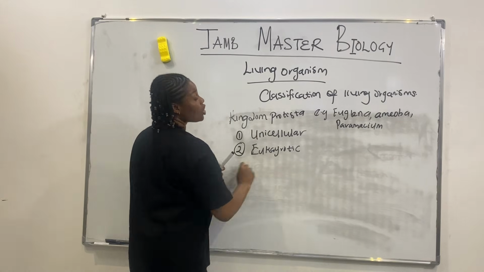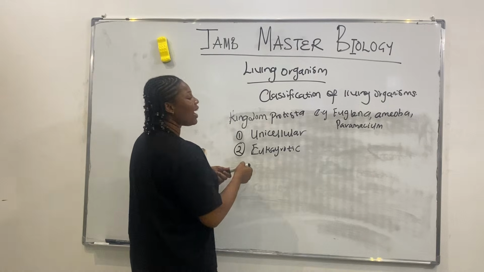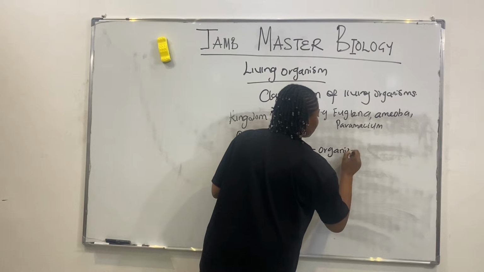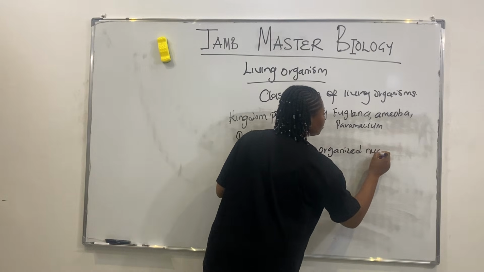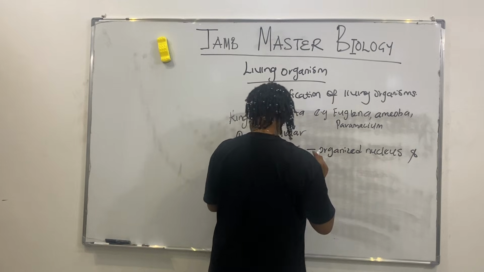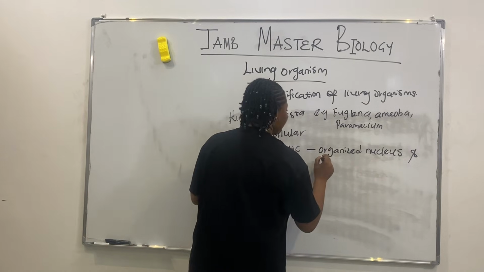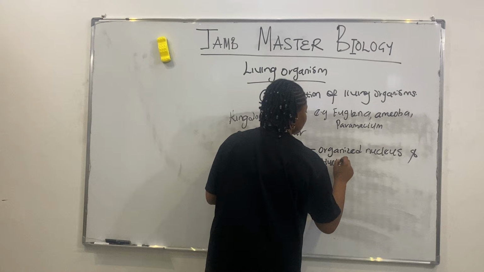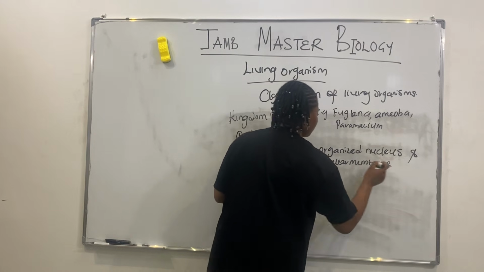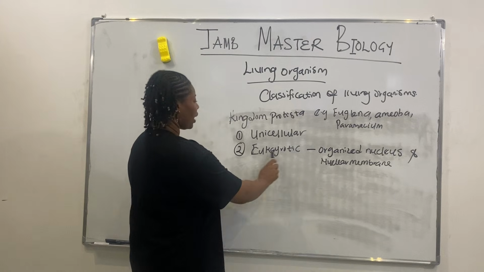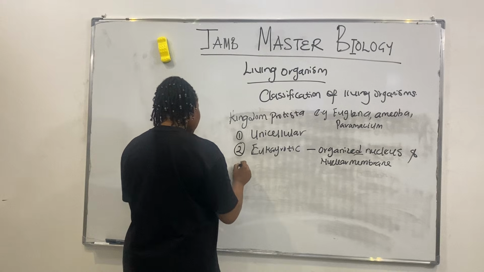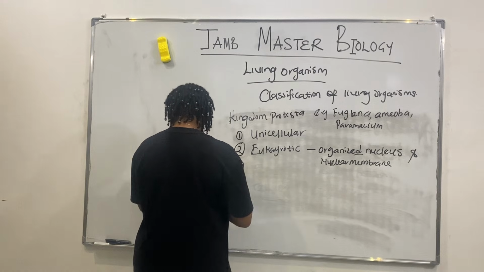Now they are eukaryotic organisms, which means that they have organized nucleus and nuclear membrane. So when you hear the word eukaryotic, just know that they have organized nucleus.